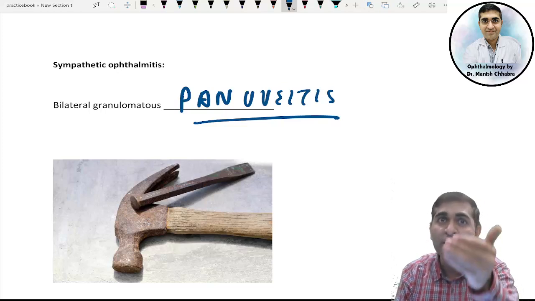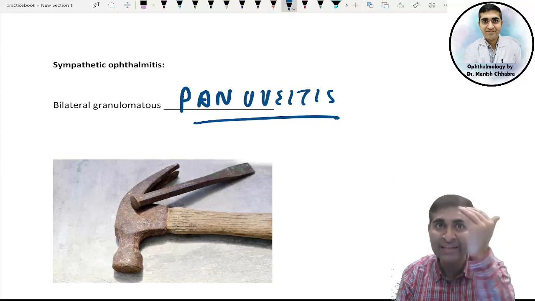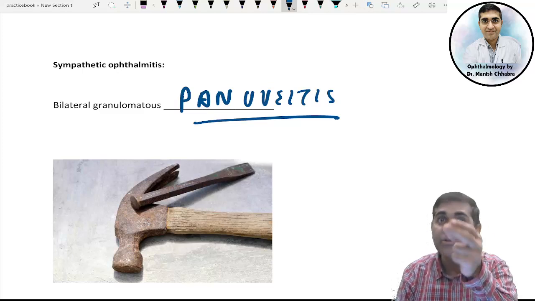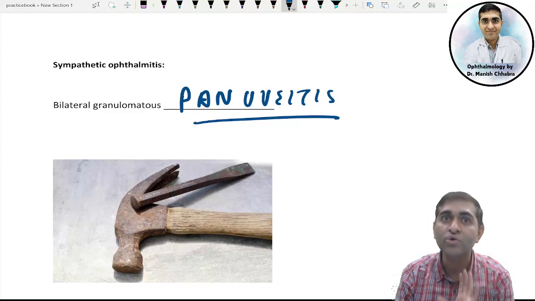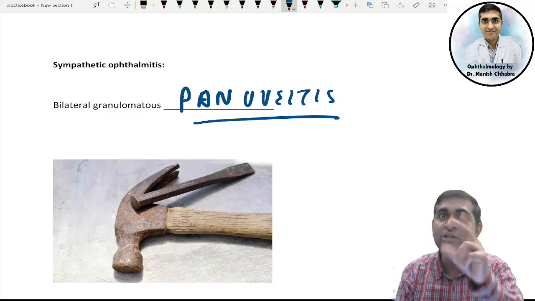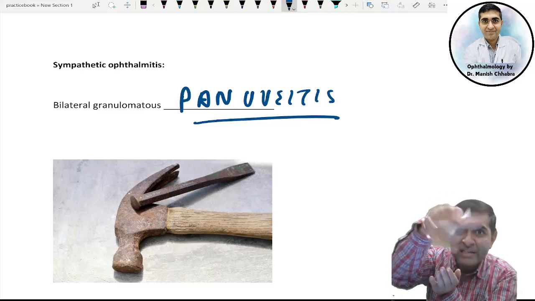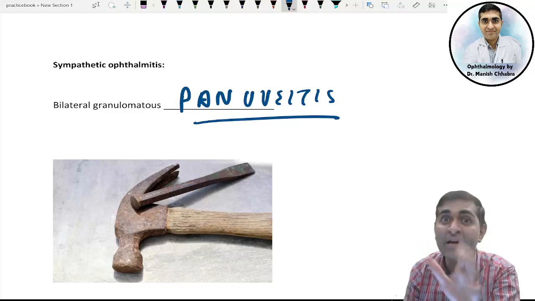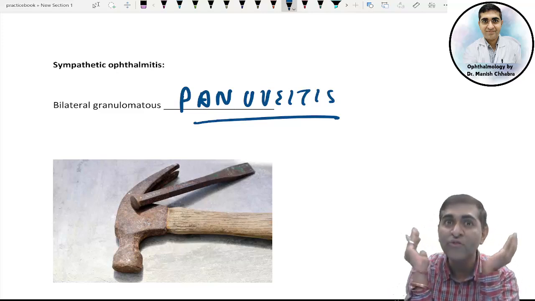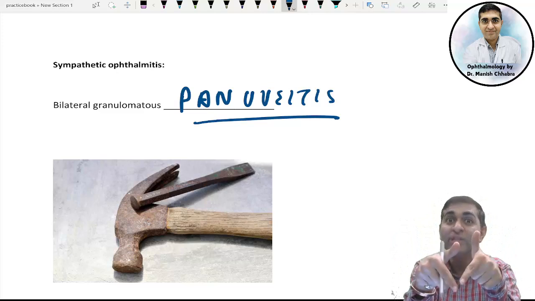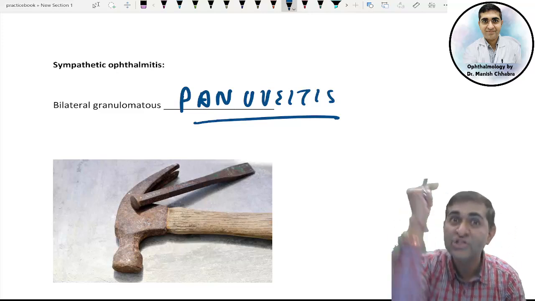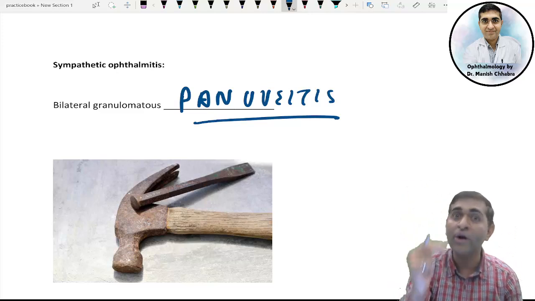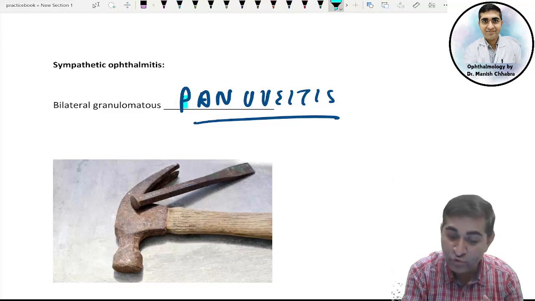You know, there are three parts of the uvea. Anteriorly we have got iris, then we have got ciliary body, then we have got choroid. Ciliary body is further divided into two parts. The anterior part is pars plicata, the posterior part is pars plana. If there is involvement of all the parts of the uvea, which is iris, ciliary body and choroid, you call it as panuveitis.